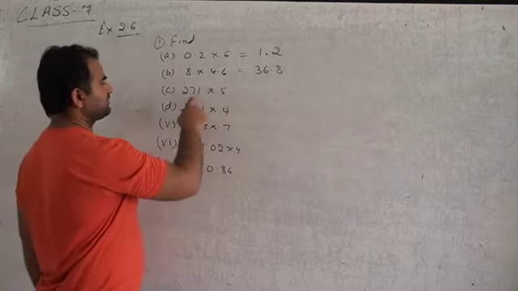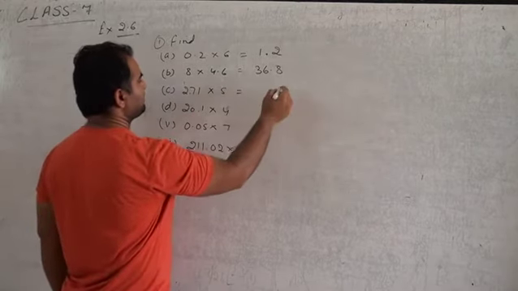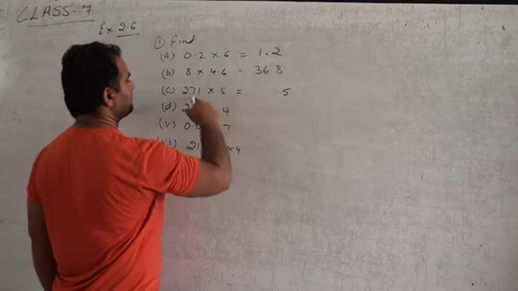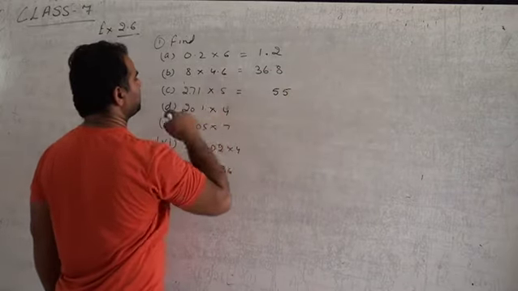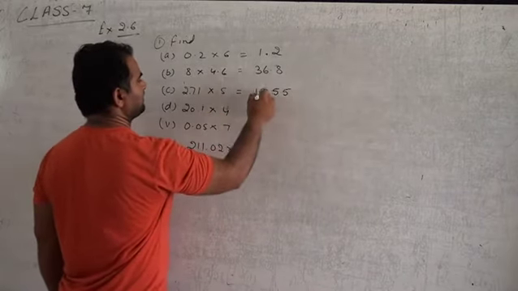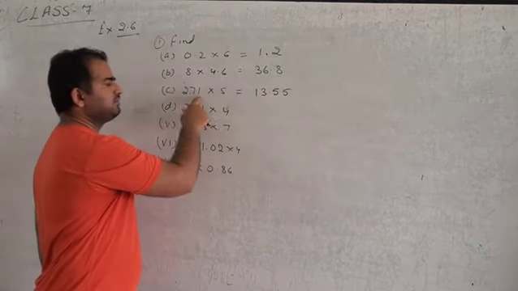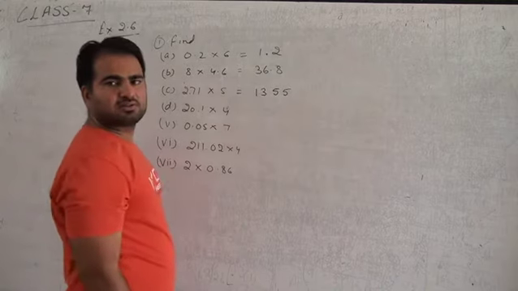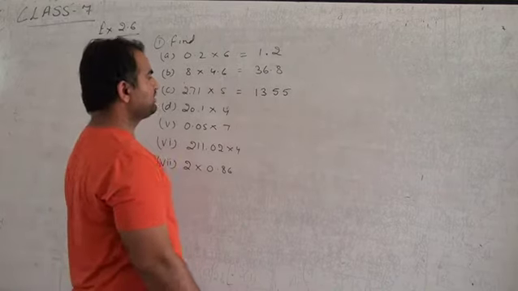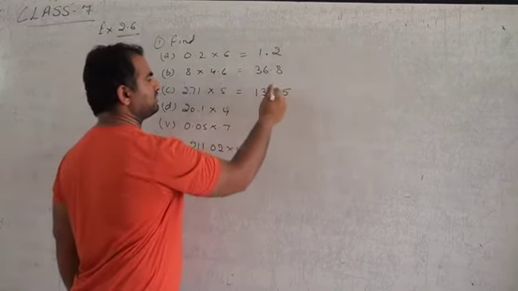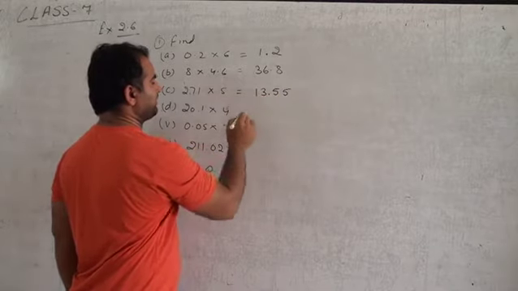Next, 2.71 into 5. It will be 5, again 5 and 3. How many digits are there after the decimal? 1, 2. So we will place the decimal after 2 digits from the left. It will be 13.55.